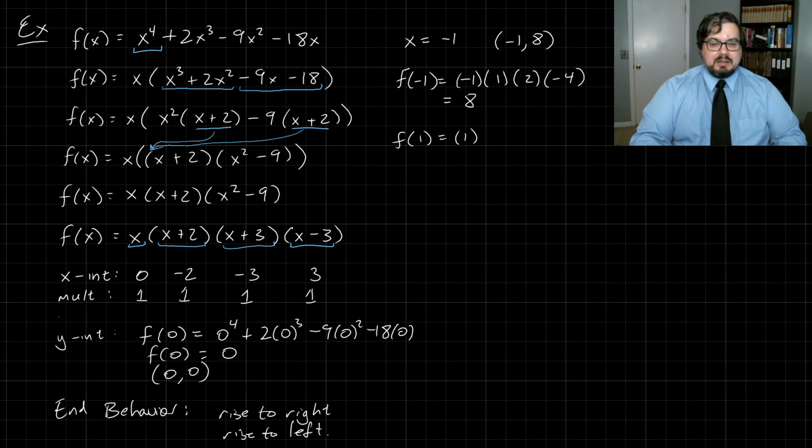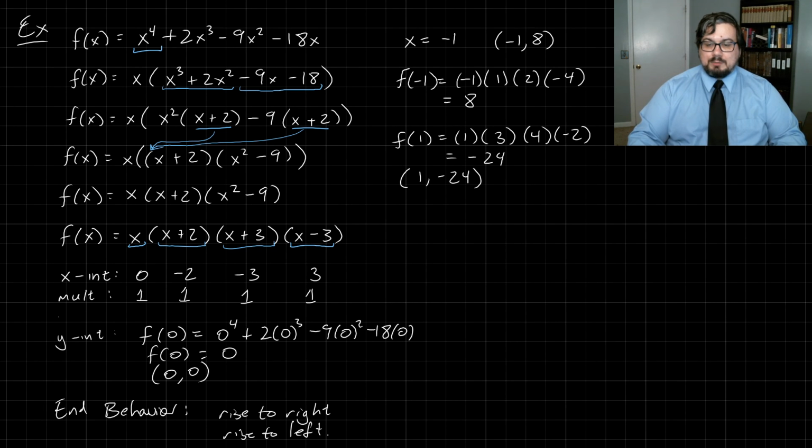Similarly, f of 1 gives us 1 times 3 times 4 times negative 2, plugging it all again into the factored form of f. And so that gives 1 times 3 times 4 is 12, times negative 2 is negative 24. So we have that the point (1, -24) is on the graph. So that will help us to calibrate our y values.